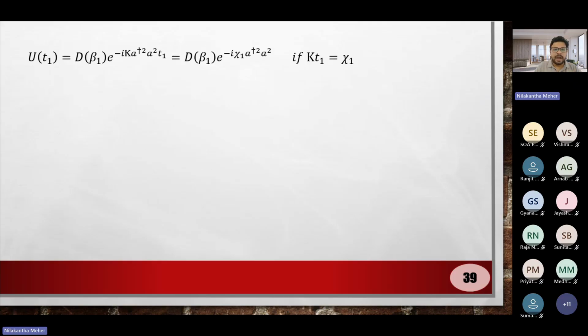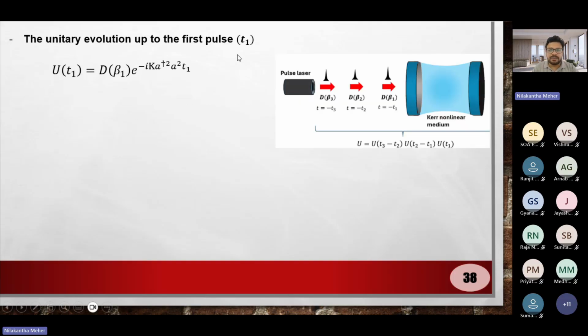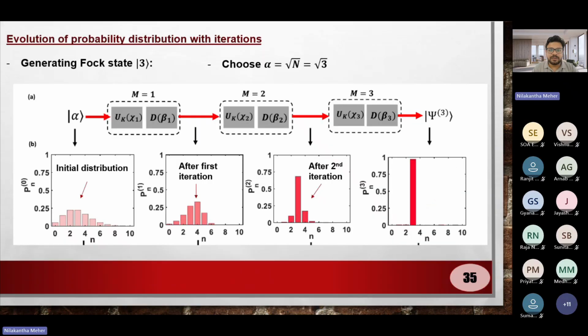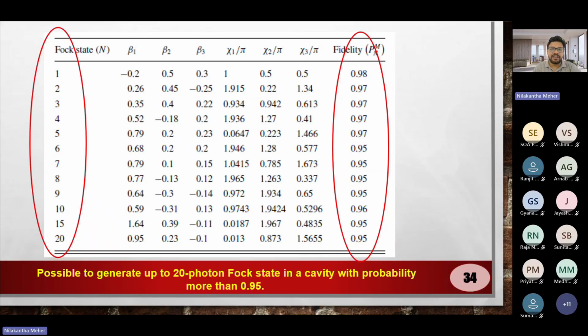Now if you look at it properly, in these unitary operators, this kappa T1 is equivalent to our chi1. I was using chi1 terms in the earlier discussion, the mathematical formulation. So these parameters are given here: chi1, beta1, beta2, chi1, chi2, all these things.